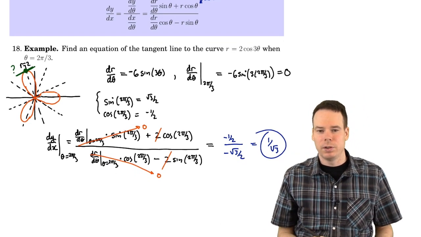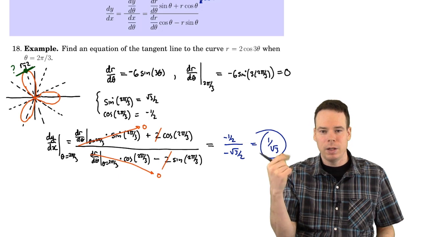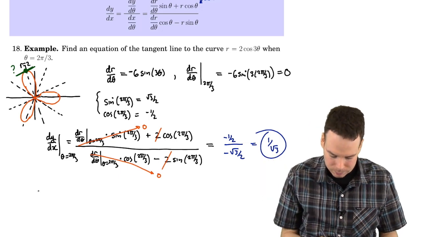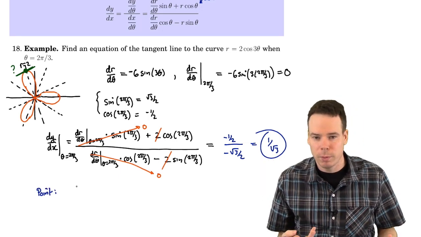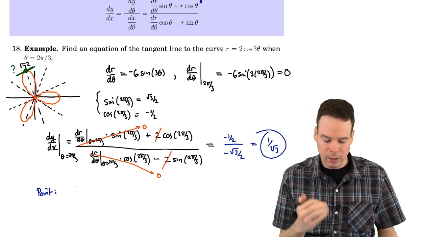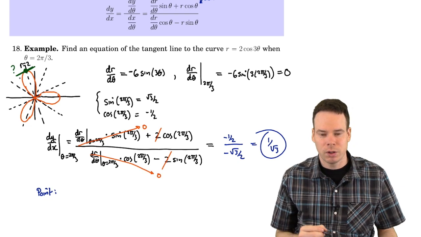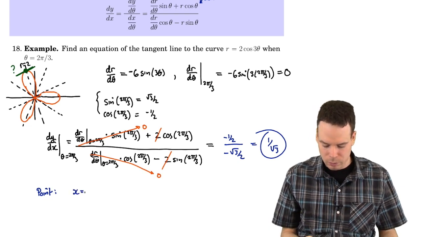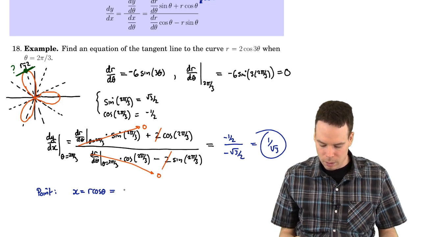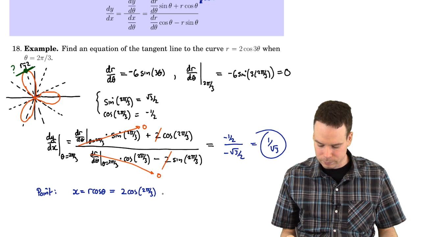What else do we need to find a tangent line? We need a slope, and we need a point. So what's the point? So for the point, we have a theta value, we have an r value. Now we need to know the Cartesian coordinates. X is equal to r cos theta. R is 2 cos of 2 pi by 3.